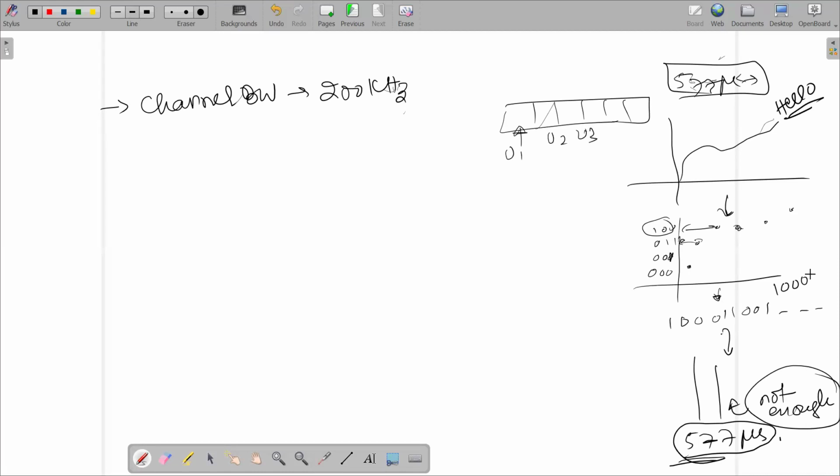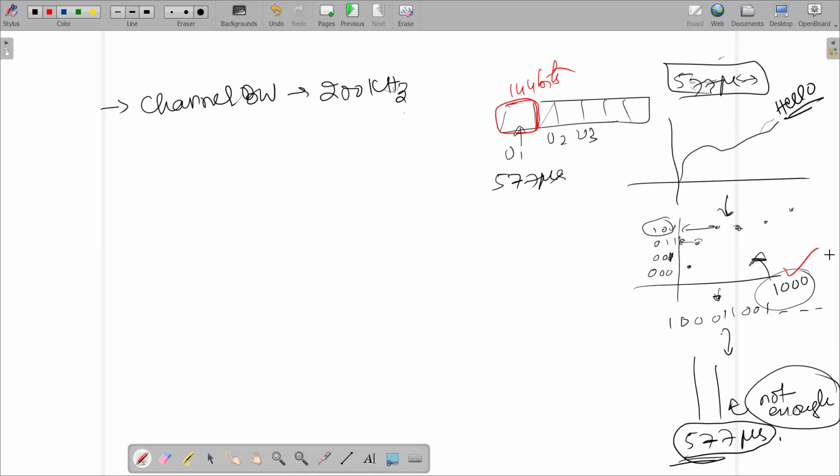For example, to transmit 1000 bits here in 577 microseconds, I can transmit only around 144 bits. You can see, this slot is not enough to transmit 1000 bits.